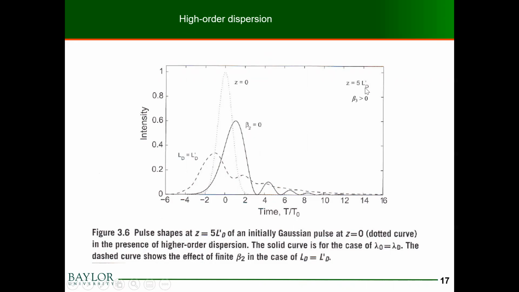When z is 5 LD prime, so 5 third order dispersion lengths, that's what we got. If we remove the second order dispersion, that's what we have. You can see the impact of the third order dispersion will give you oscillation on one side of the pulse, because it's omega cubed.